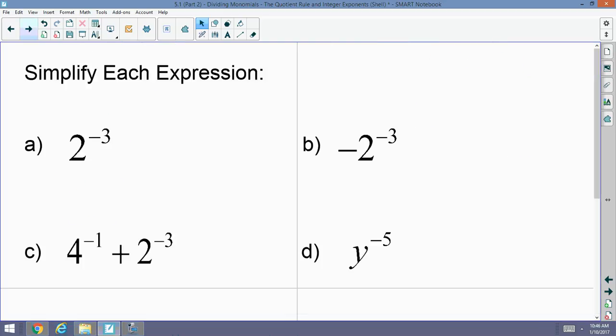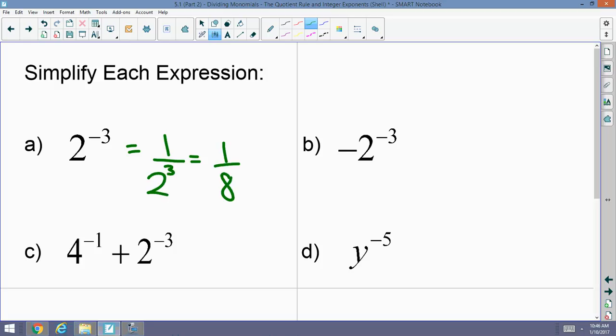Okay. Now, I got 2 to the negative 3rd. How can I make this a positive exponent, gentlemen? Yes, sir. That's 1 over 2 cubed, which equals 1/8. Beautiful. Now, how is that different from this guy, negative 2 to the negative 3rd? How is that different, if it's different?